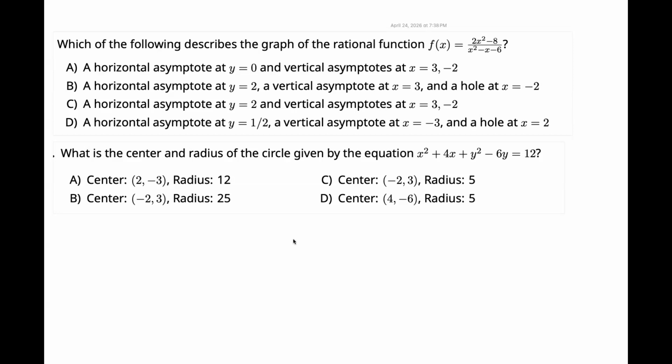Go ahead and do. Oh, wow. Okay, let's try these problems as well.